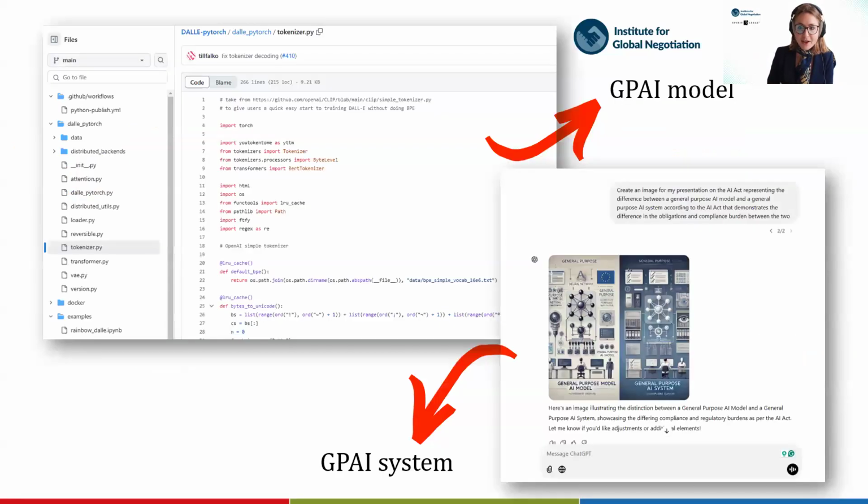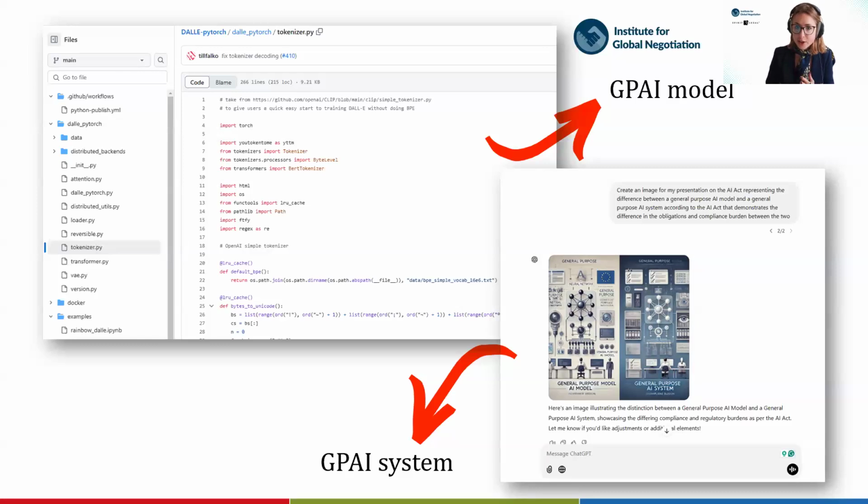If you are more tech savvy, a model would look something like the upper picture. So code, not much to do with it if you don't have, well, at least some computer science knowledge. And then on the lower side, you see that same model in a system integration. So the upper is the DALL-E code and the lower is the DALL-E integration into ChatGPT. Why is that important?